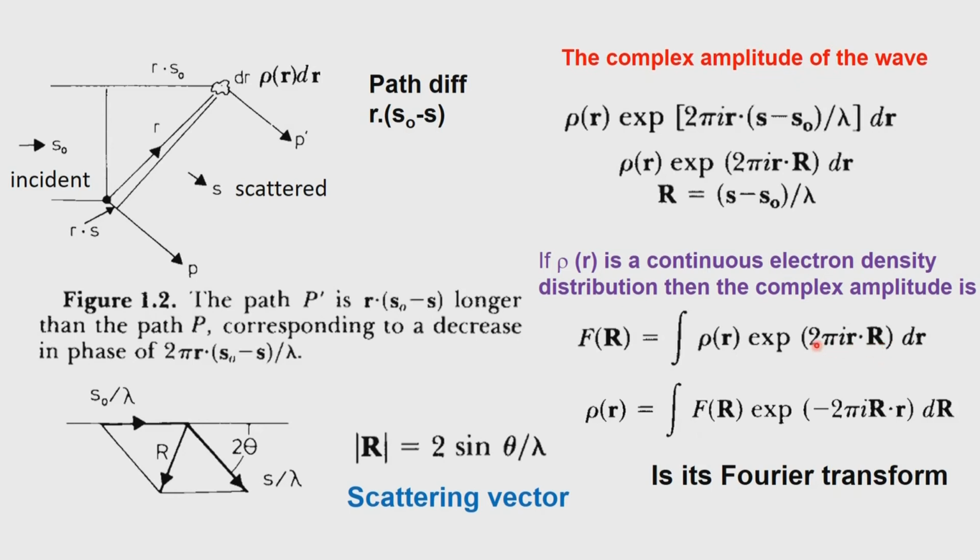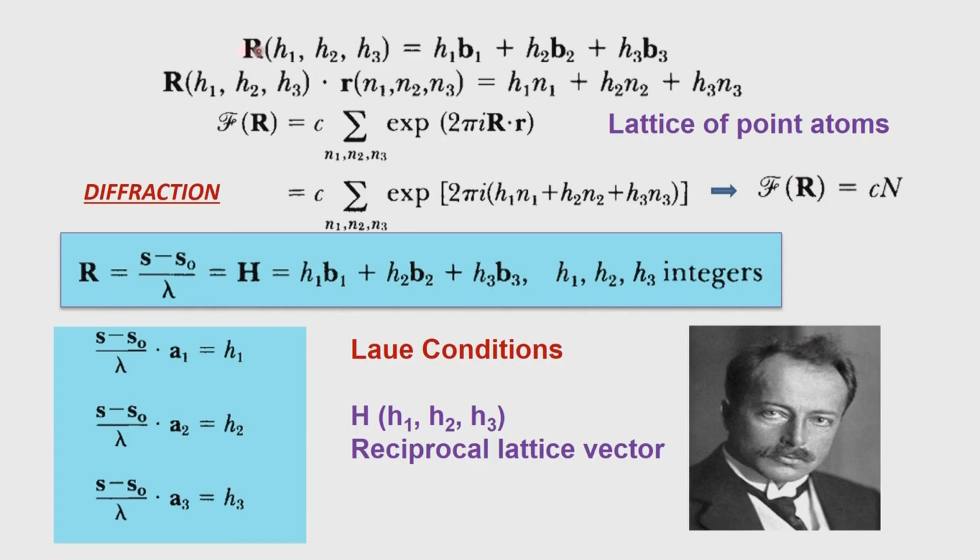What happens when we do this is that r dot R will become h1 n1 plus h2 n2 plus h3 n3. n1, n2, n3 are integers, h1, h2, h3 are integers. So, sum of 3 sets of integers will be an integer. So, this will be an integral number. So, the structure factor F of R can now be expressed, see now we will take the total electrons in the unit cell outside, total number of electrons, which is equal to the total count of the number of electrons associated with all the atoms in the structure.